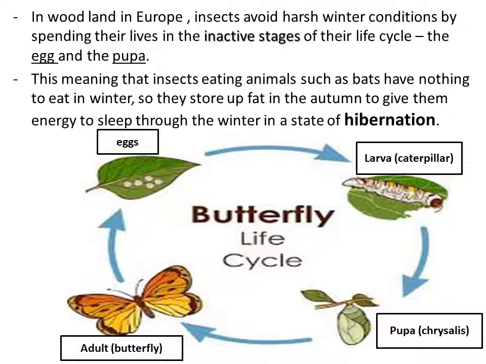The insects in harsh winter conditions in Europe, we wouldn't find them. Why? Because most of them spend their lives in the inactive stages, the egg and pupa. So the animals that eat the insects sleep through the winter in a state of hibernation.